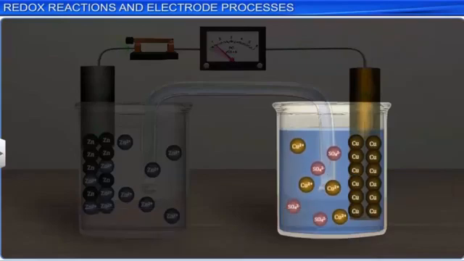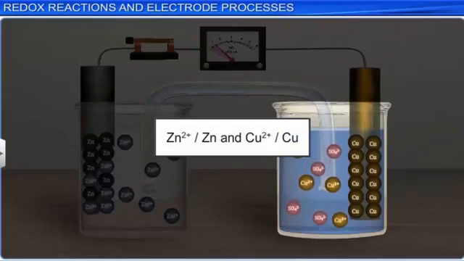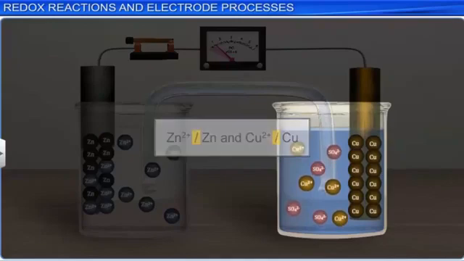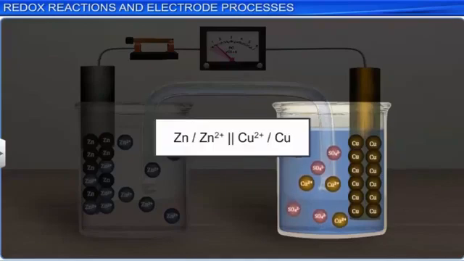During the cell notation, a slash is used to separate the oxidized form and the reduced form in a couple. The overall cell is represented by writing the oxidation half cell on the left-hand side and the reduction half cell on the right-hand side, both separated by two vertical lines.